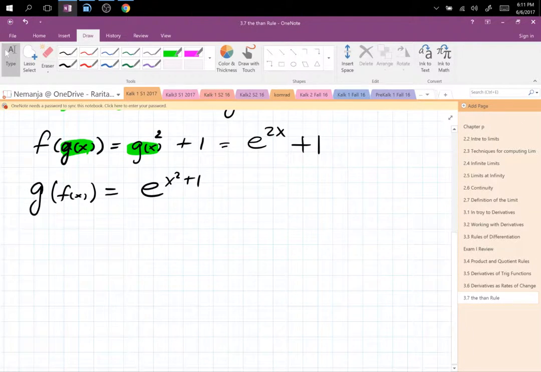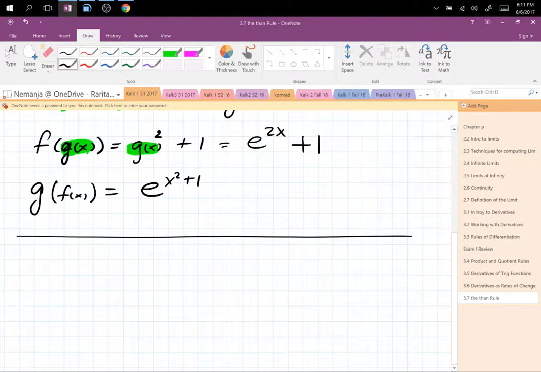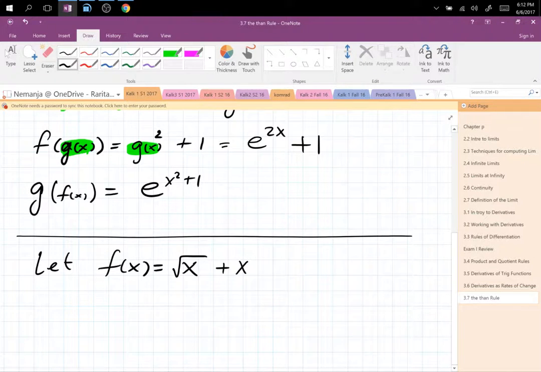So now, let's see. Let f of x be square root of x plus x squared, and g of x to be sine x.